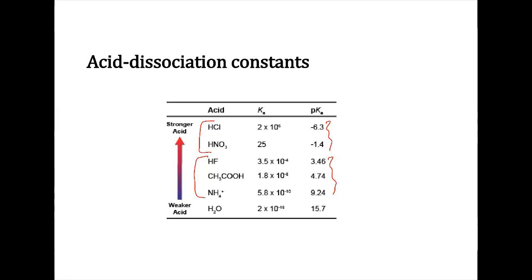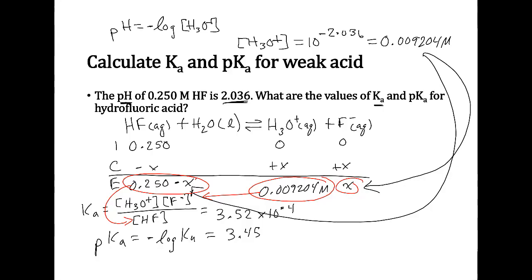So let's check our table. HF has a Ka value of 3.5 times 10 to the negative fourth, and a pKa value of 3.46. And this is what we found. We found the Ka to be 3.5 times 10 to the negative fourth, and the pKa to be right around 3.46.